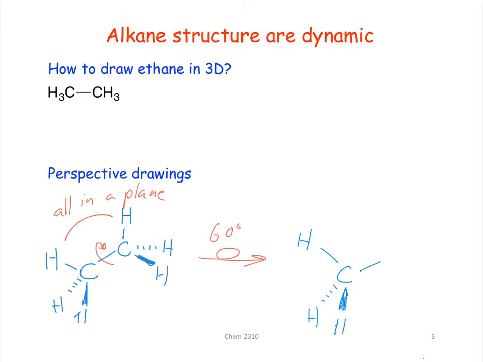So I'm going to have it like this, and now this one is going to rotate back this way, this is going to go part way, so I'm going to end up with a structure that looks like this.